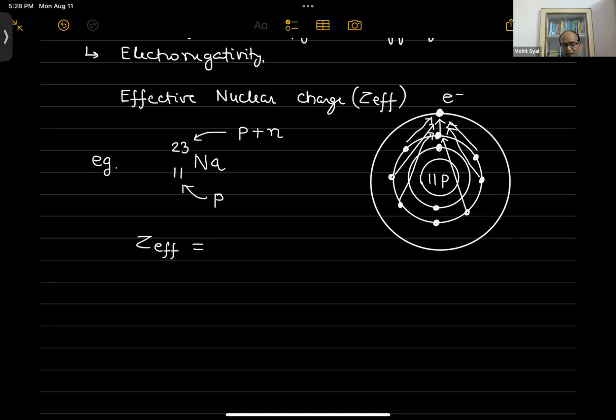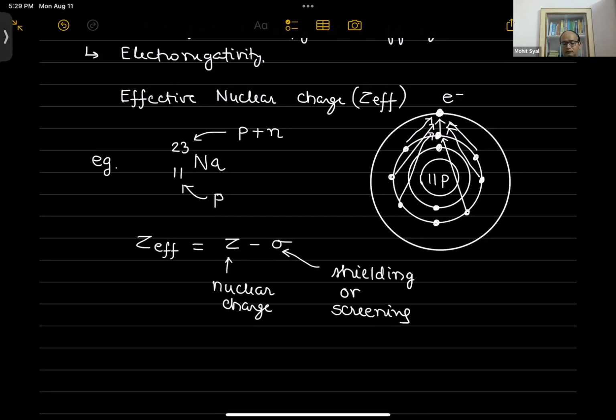That is the effective nuclear charge. It is the nuclear charge minus shielding. What do you mean by shielding or screening? It is the repulsion caused by the inner electrons.